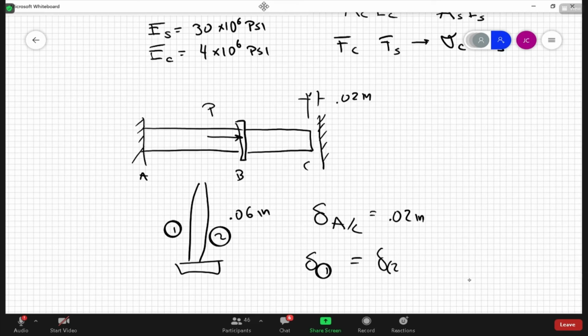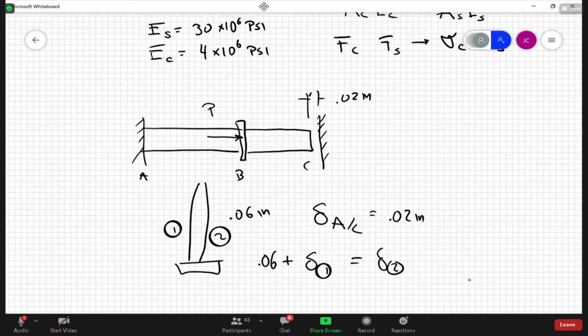If wire 2 is longer, that means wire 1 has to stretch by that amount before it even starts to pick up wire 2. Does that make sense? So you would have 0.06 plus. I mean, if you think about it, I think it does, right?